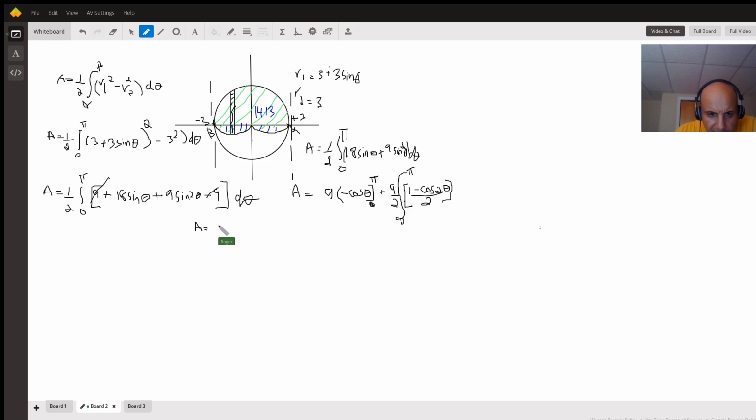So this gives me 9 into cosine pi is minus 1, times minus gives you plus 1. Minus cosine 0 is 1, minus gives you minus 1, from minus 1.